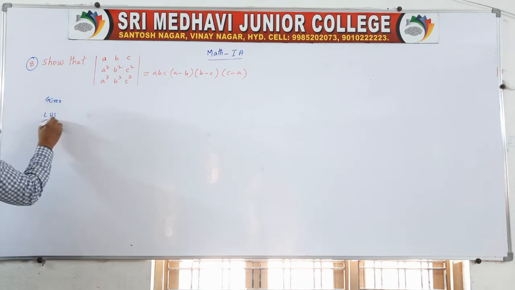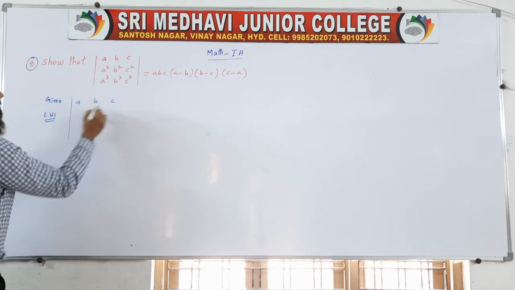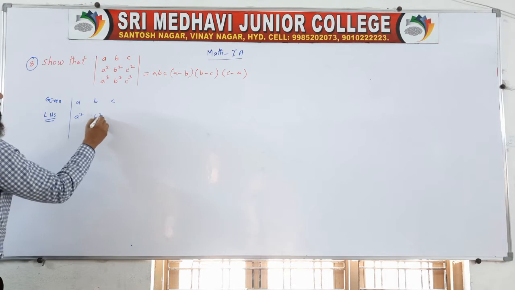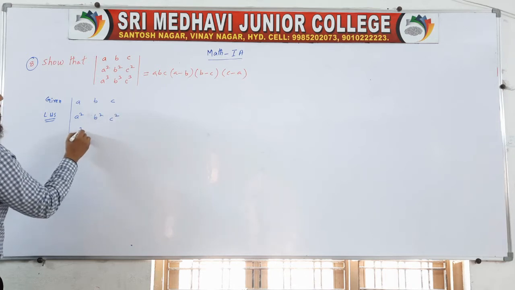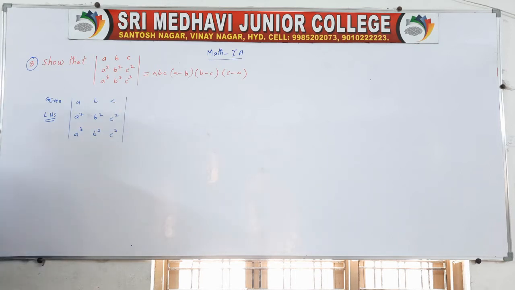I am taking the LHS: the determinant a, b, c, a square, b square, c square, a cube, b cube, c cube. Now you just check in the determinant, in any row or any column, is there any number common or not?